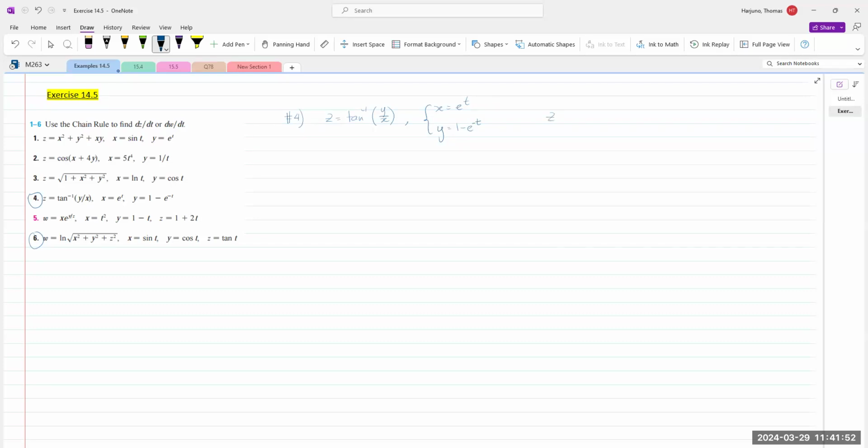So c is a function of x and y, both of them functions of t. So dc dt is the partial of c with respect to x times the derivative of x with respect to t, plus the partial of c with respect to y times the derivative of y with respect to t.